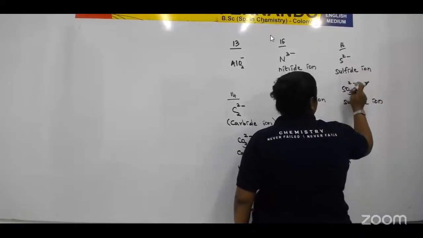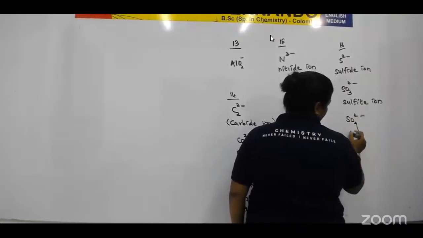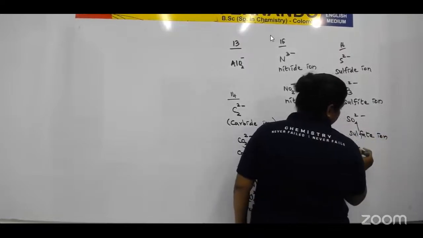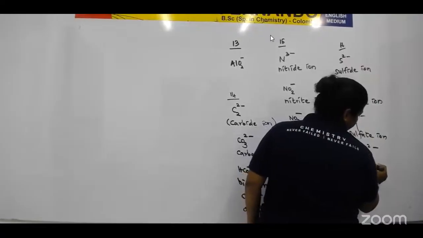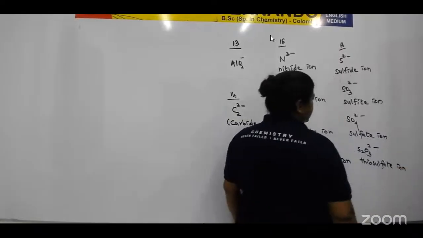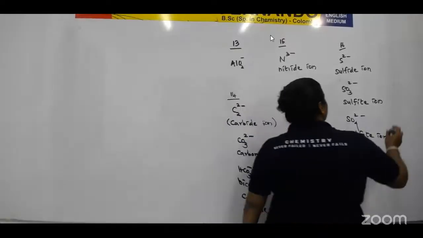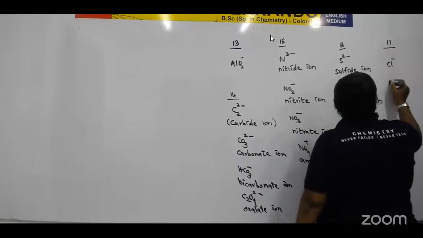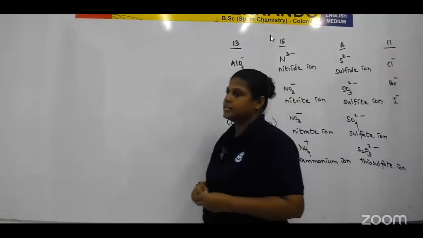Here IDE, here ITE. Then sulfate, SO4 2 minus. Then S2O3 2 minus, called thiosulfate ion. And finally, you need to know tests to identify chloride, bromide, and iodide. Those are the anions in our syllabus.